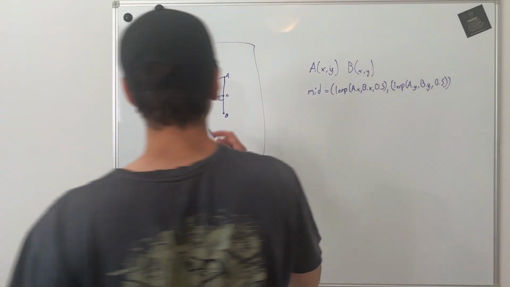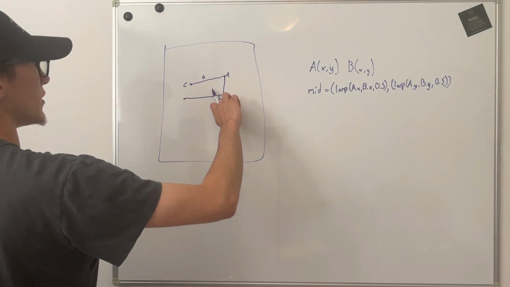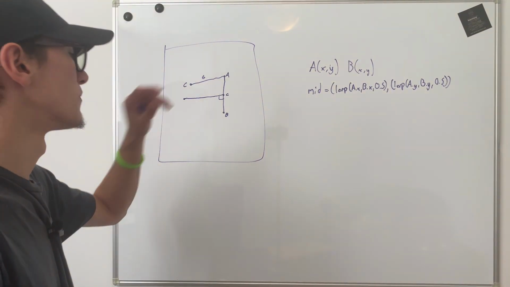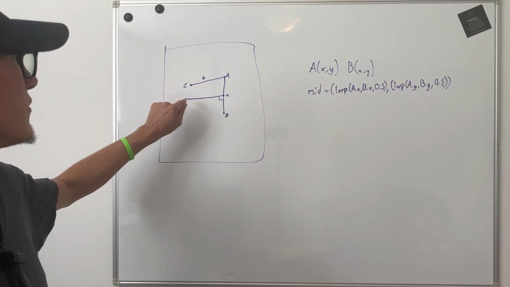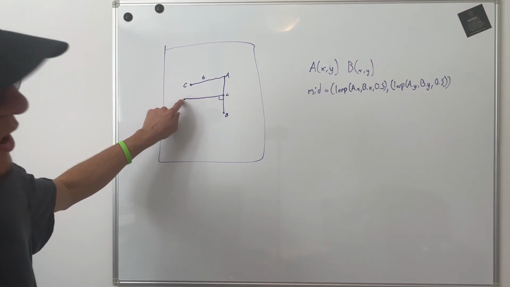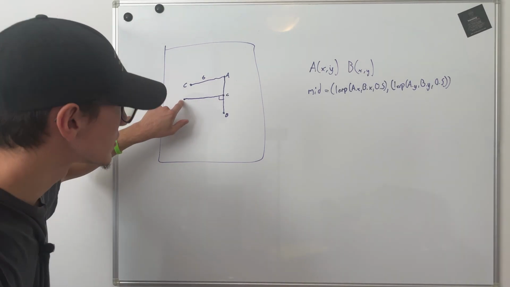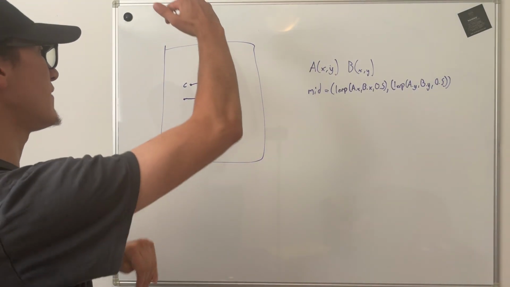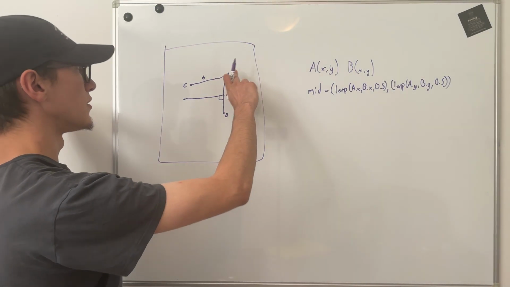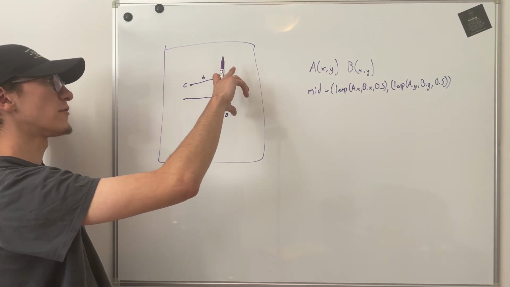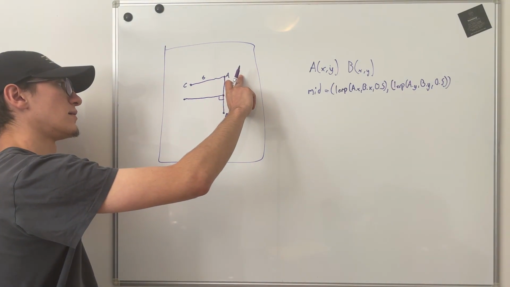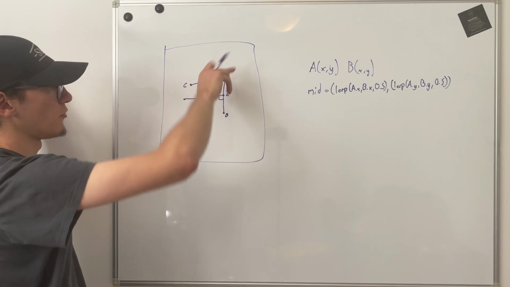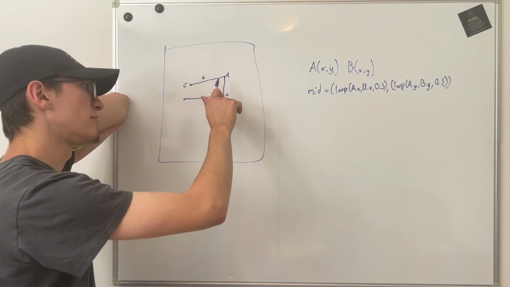So we already know this point, the midpoint of that line. Now we need to get this point. Let's first take this line and turn it vertically. We know A is a vector and B is a vector.